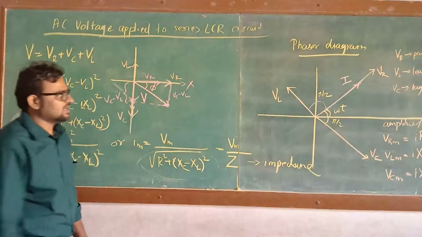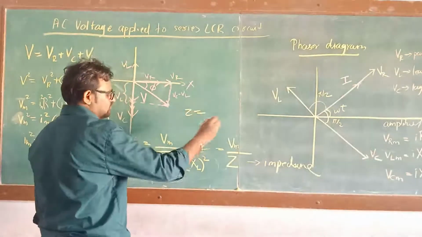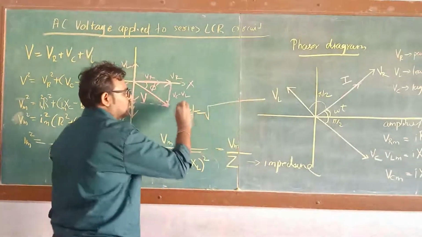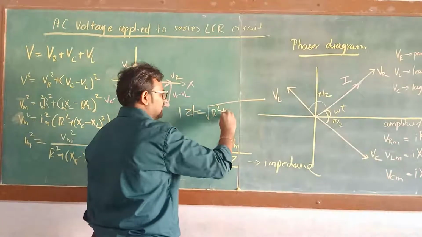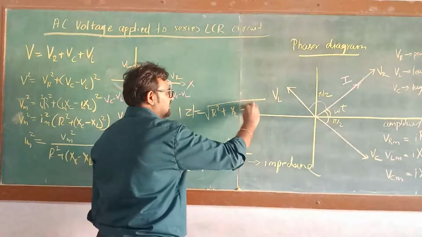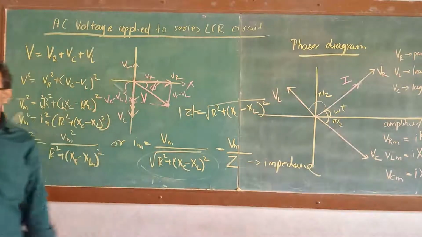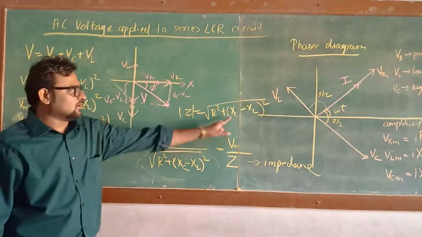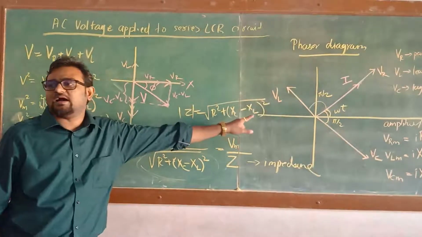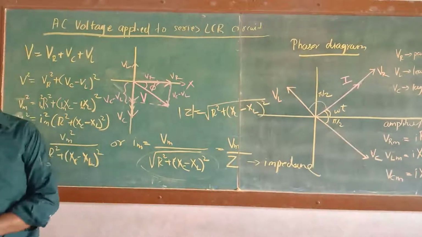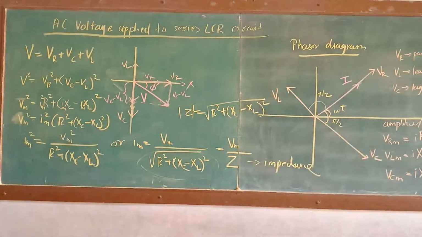The formula for Z, I can write it down: Z is equal to under root of R square plus XC minus XL whole square. I can also write, instead of XC, 1 by omega C minus omega L whole square. Okay, clear? So first note this down, then we move forward.